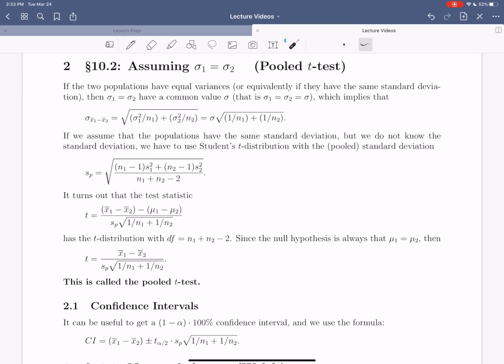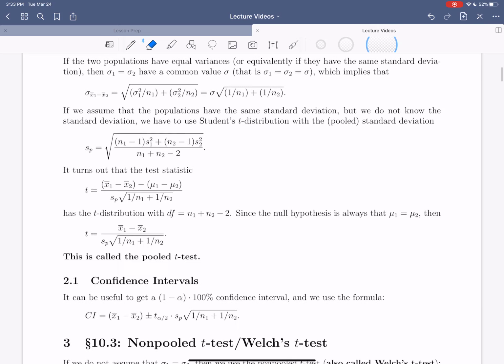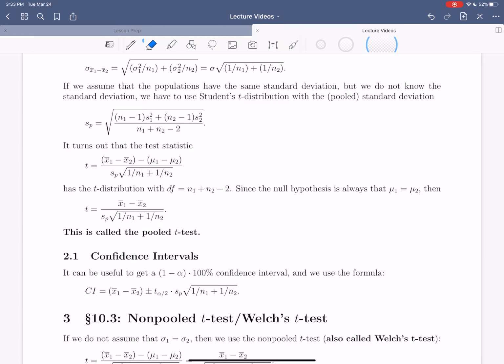I should rewrite this to be a little clearer. If in our hypothesis testing mu1 is equal to mu2, if that's our null hypothesis, that really simplifies our test statistic t. If mu1 is equal to mu2, then mu1 minus mu2 is 0.